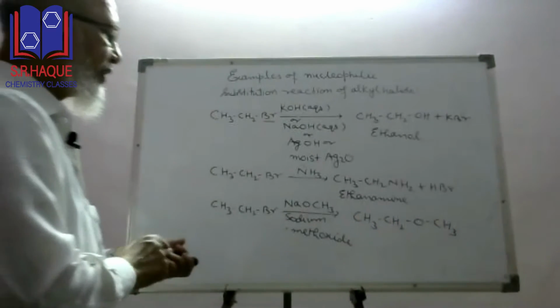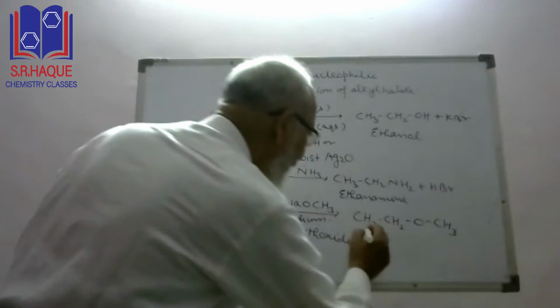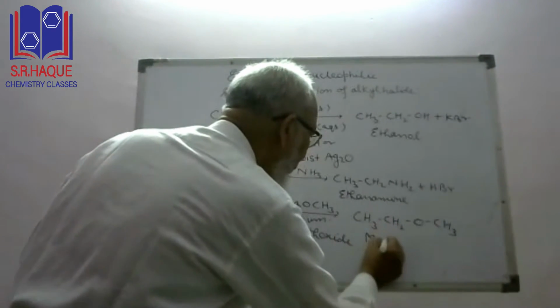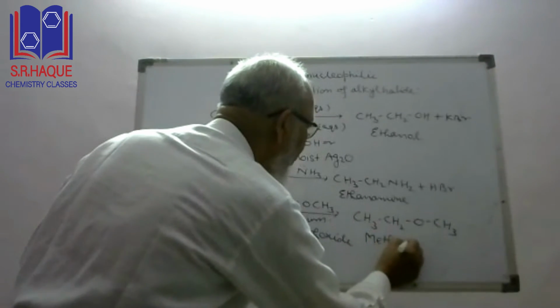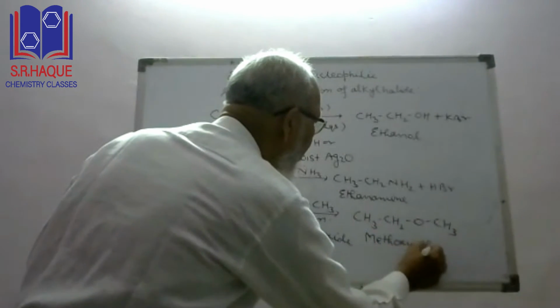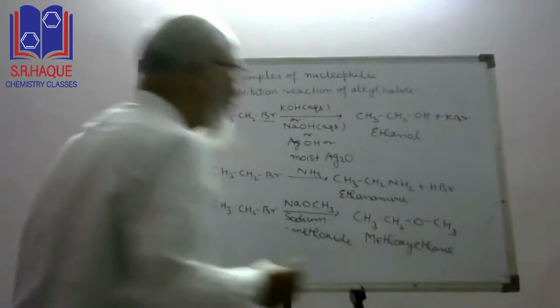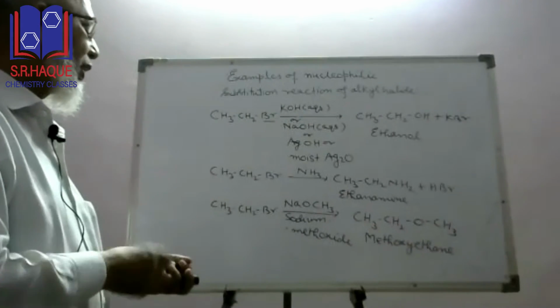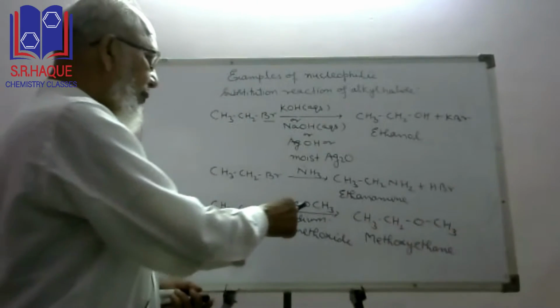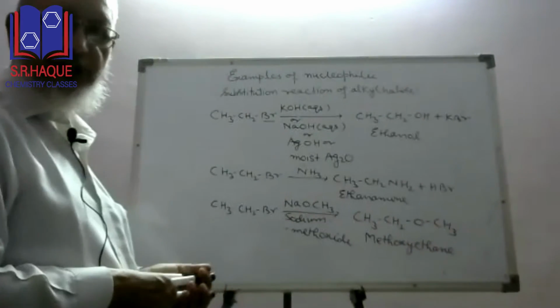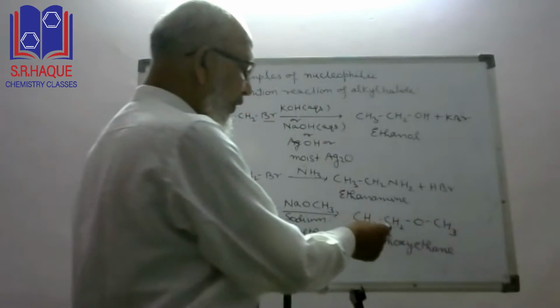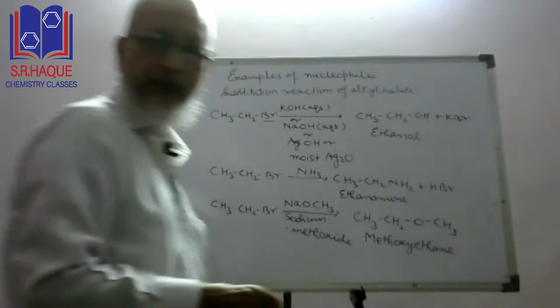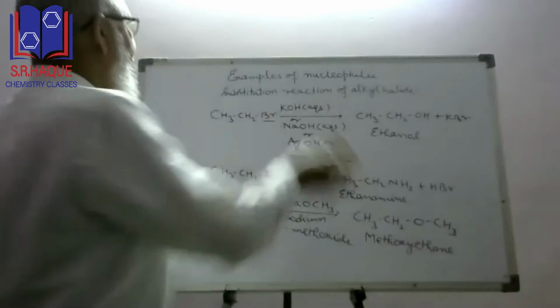This compound is known as methoxyethane. If we take here sodium ethoxide, there will be formation of ethoxyethane. This is also known as ethyl methyl ether, according to common naming system.